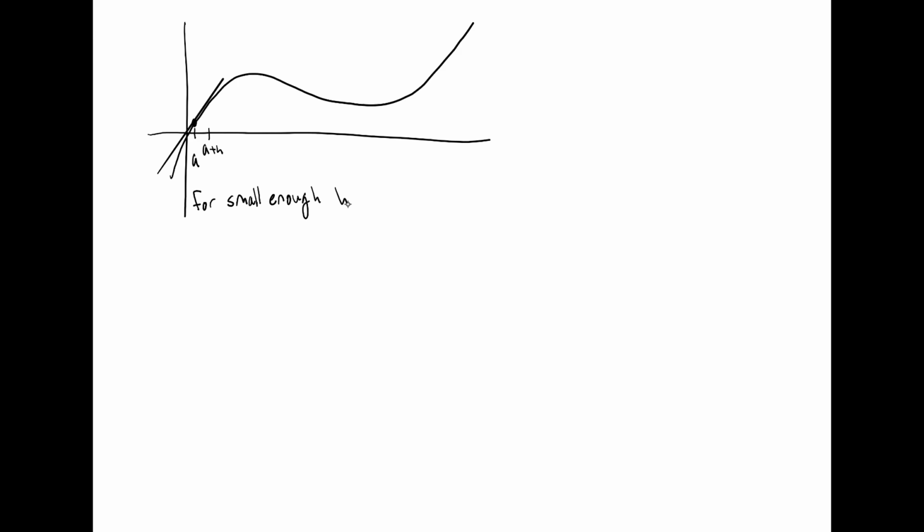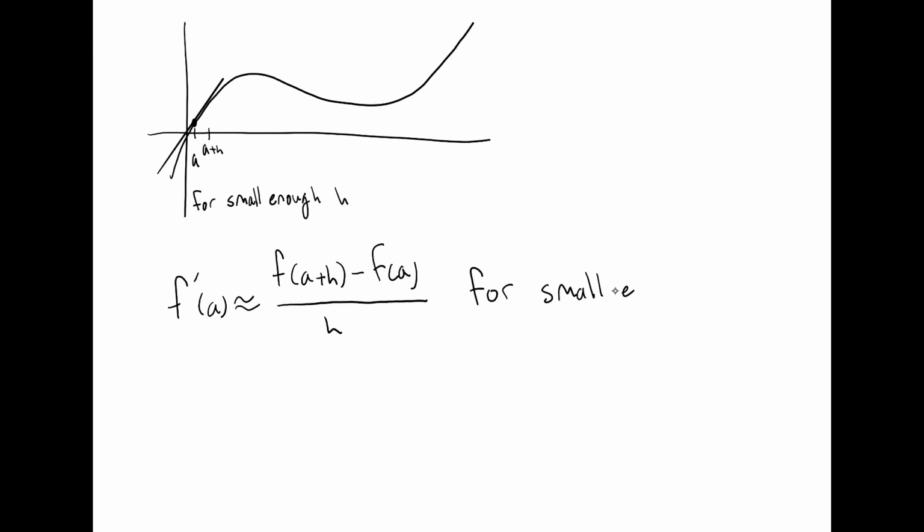It comes down to a manipulation of the formula: f prime of a is about f of a plus h minus f of a, all over h, for small enough h.